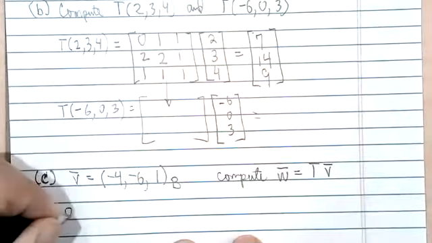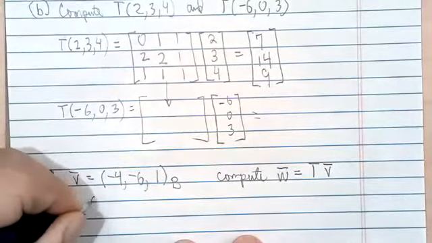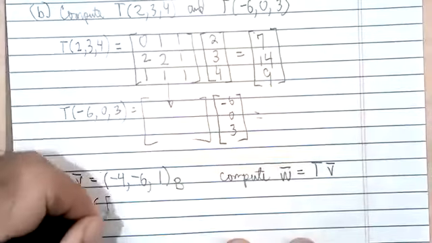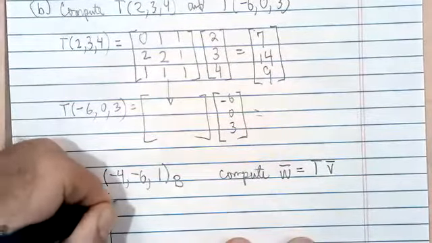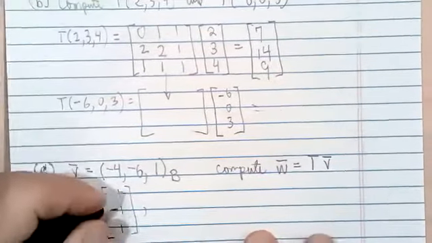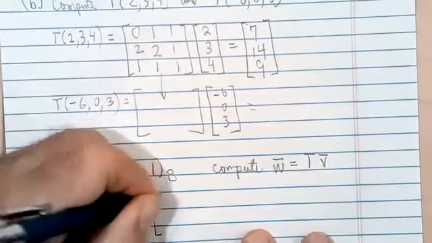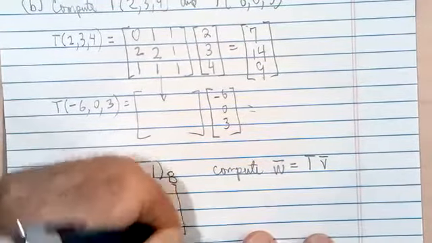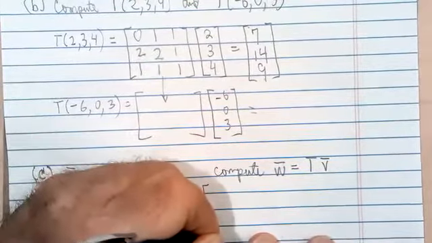So I've got to know what the basis B is, and that says to refer to problem number 1, and you can't see, but I'm scrolling up here to problem 1. It says basis B is this: -1, -1, 1; 1, -1, 2; and 1, 1, 1.